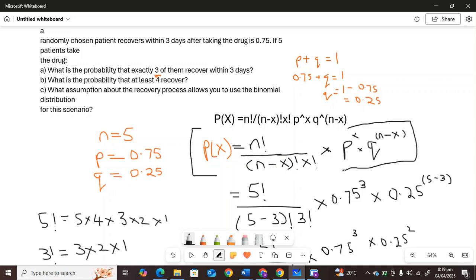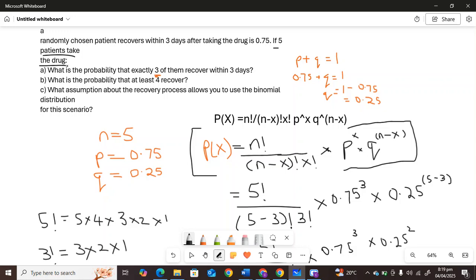So I'll explain to you what each element in the formula means. N represents the total number of participants in the experiment. They've told us in this question, if 5 patients take the drug. So in this experiment, we got a total of 5 patients.